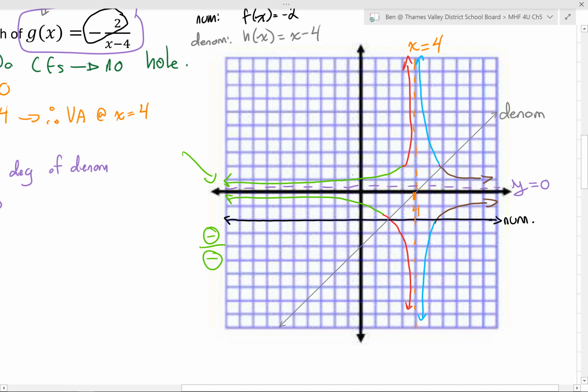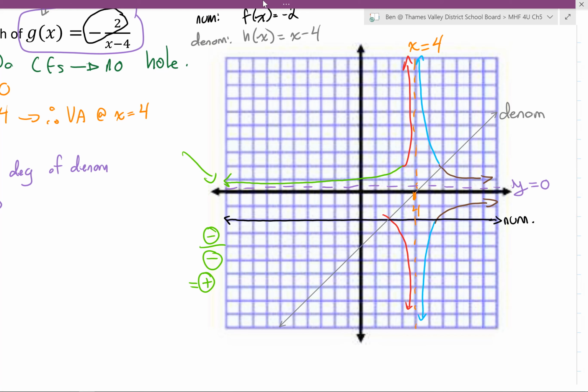So I'm looking at the x values right in here, where the light green is, and looking at the y values of my numerator and denominator. My numerator is clearly below the x-axis, and my denominator as well. So it's a negative divided by a negative. That means I'm working with a positive part of my rational function, so I'm not working with the bottom part. I'm working with the top part.